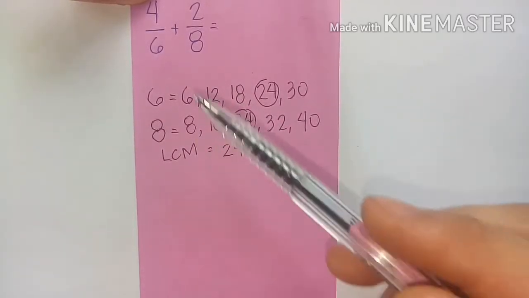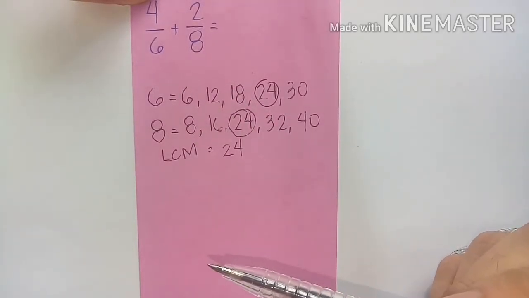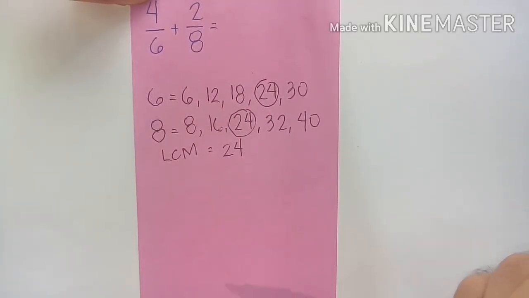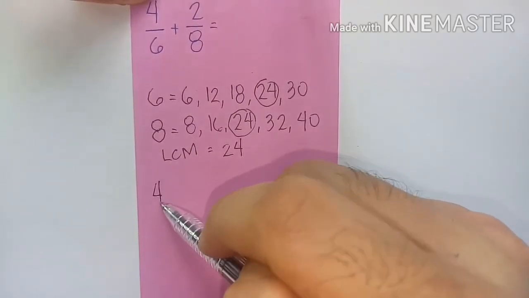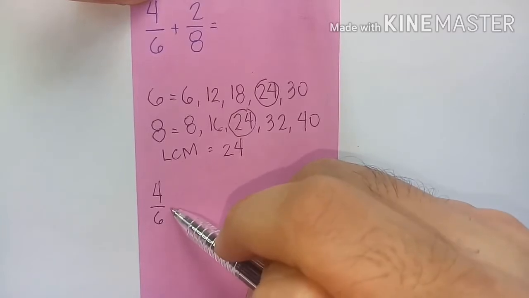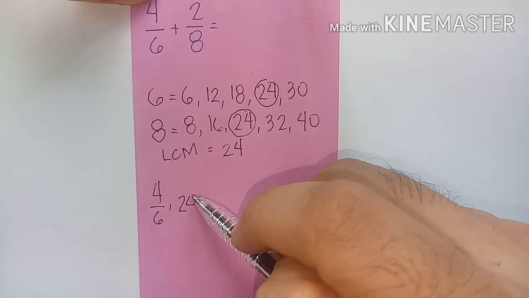Now let's do that. Ito munang 4/6, i-change natin siya sa bagong fraction kasi mag-change tayo into similar fraction. So sulat natin 4/6. Ang gagawin natin, yung 24, sulat natin yung LCM.